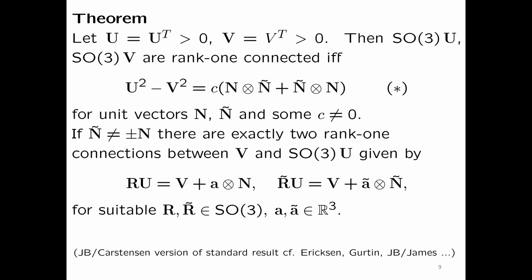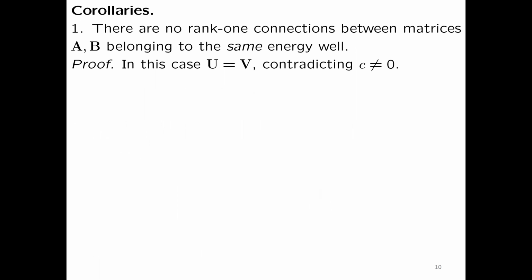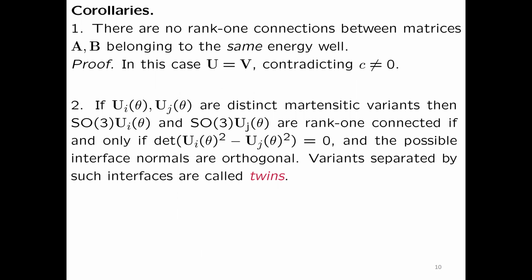So once you know the determinant of this is 0, you can check that this holds. And the possible normals are orthogonal. That's because you take the trace of that matrix, which is 0, and you get twice c times n dot n tilde, which has to be 0.